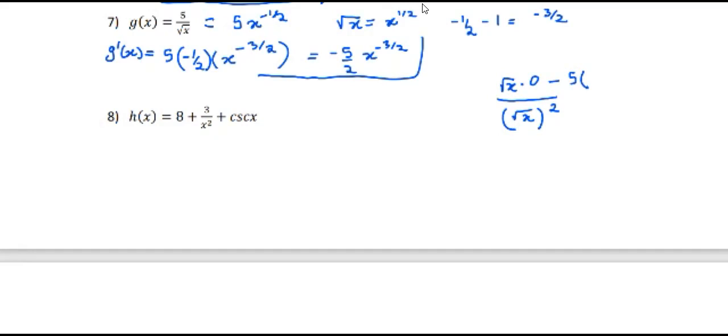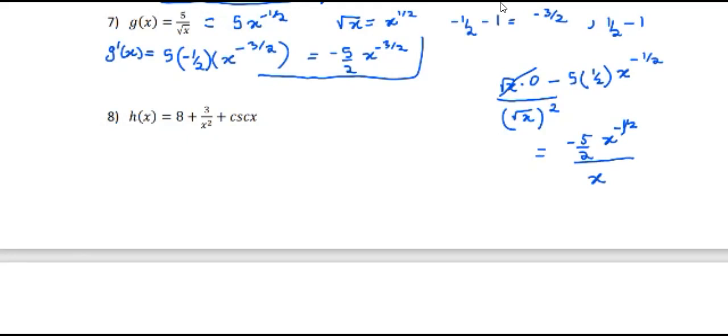The derivative of the square root of x is 1 over 2 times x to the power of 1/2 minus 1, which is negative half. So this is 0, it goes away. So you have negative 5 over 2 x to the power negative half, divided by x.